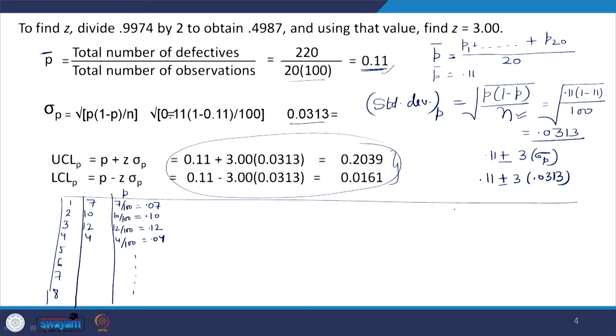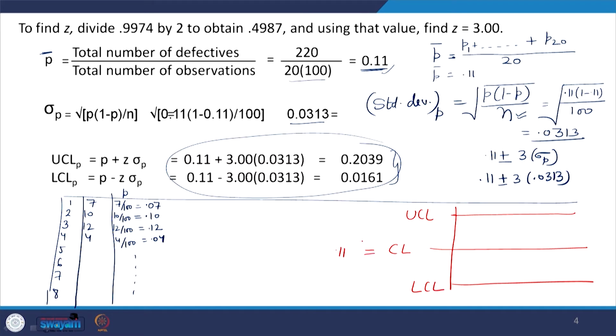Then you can plot these on a P chart: the central line, the upper control line, the lower control line. The central line value is 0.11, the upper control line value is 0.2039, the lower control line value is 0.0161.